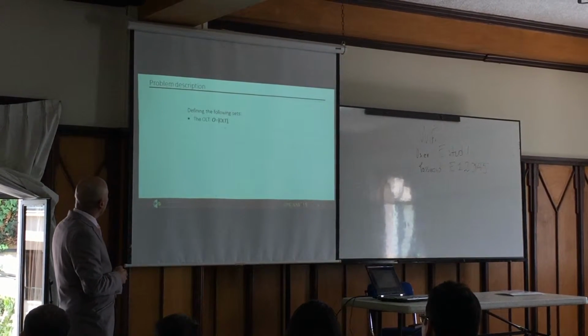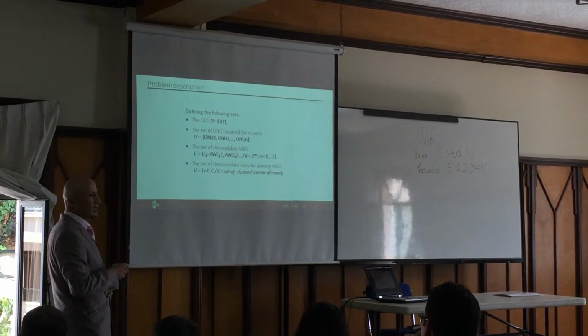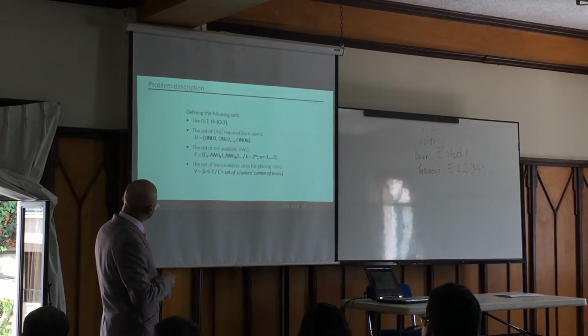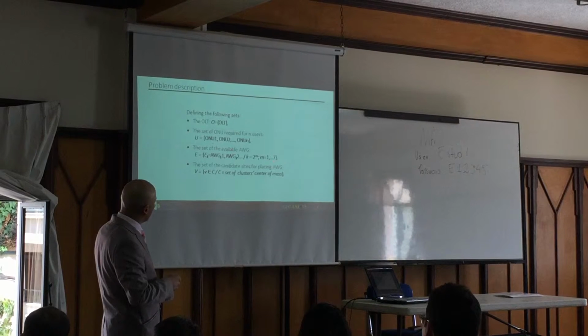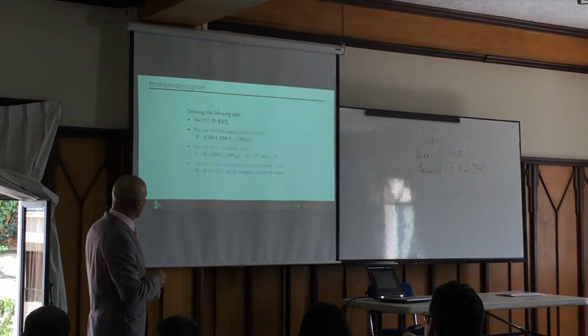So if we take into account the following sets of variables, the optical line terminal, which is only one element there, the optical network units, the available switching equipment, and the candidate sites for placing such available switching equipment.